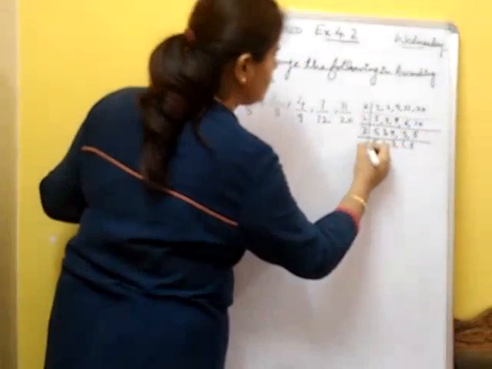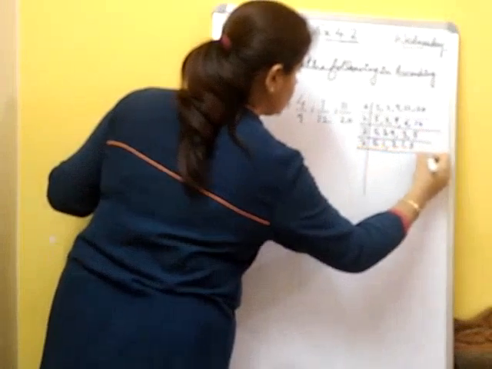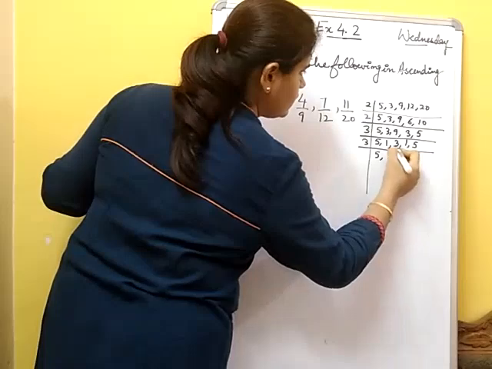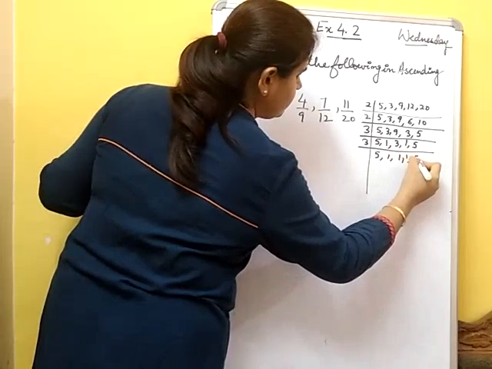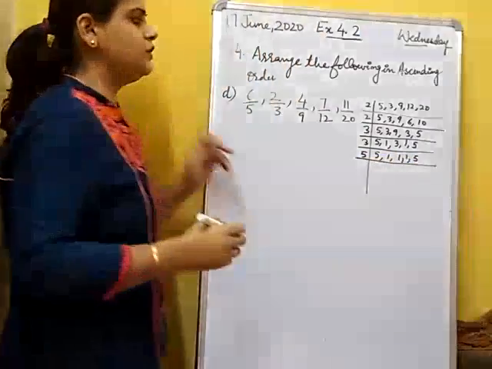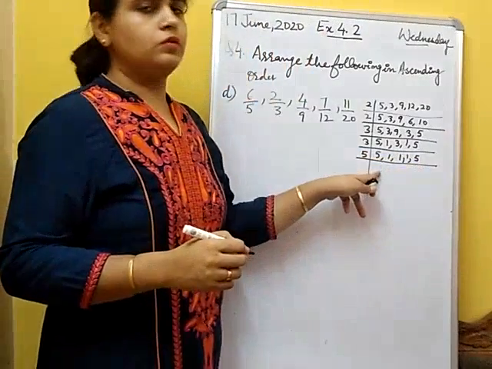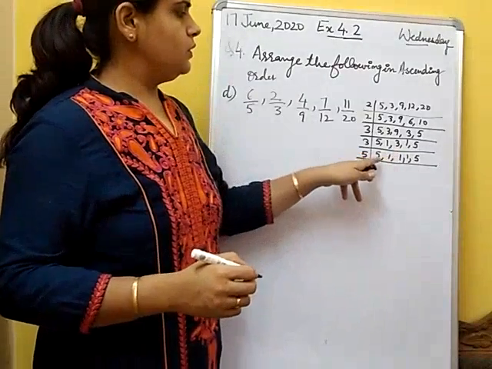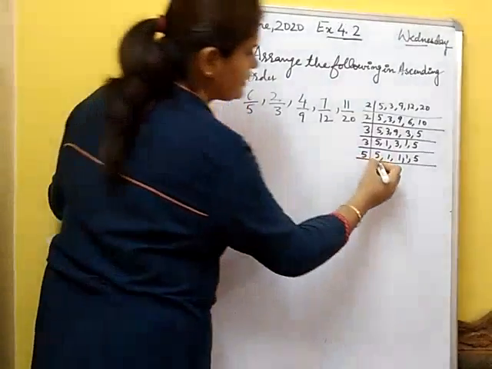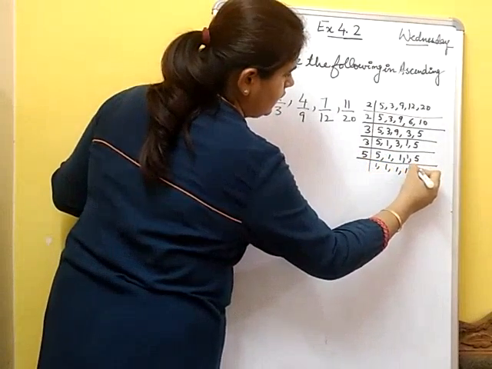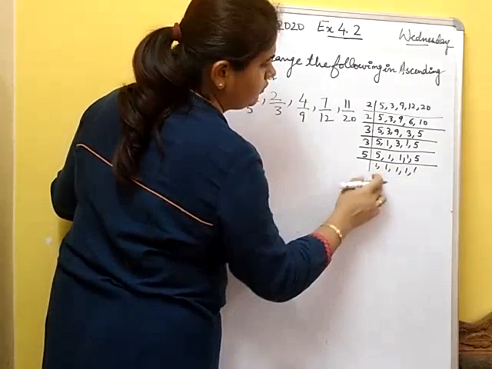Again it will go on 3, 5, 1, 1, again 1 and then 5. Next, only 5 is left, so we will do it with 5. 5 ones are 5, 1, 1, 1 and 1. We have got all ones here.